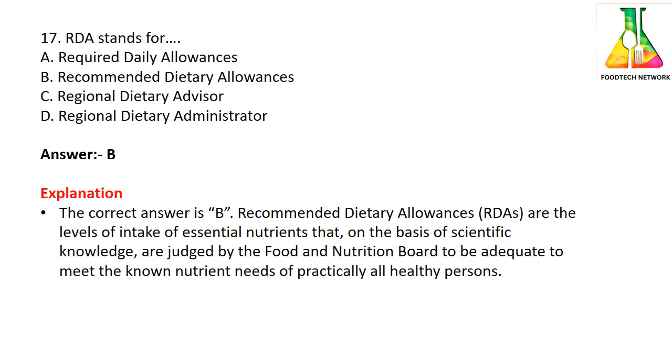Recommended dietary allowances are the level of intake of essential nutrients that, on the basis of scientific knowledge, are judged by the Food and Nutrition Board to be adequate to meet the known nutrient needs of practically all healthy people.